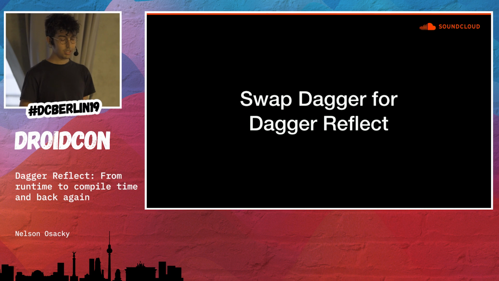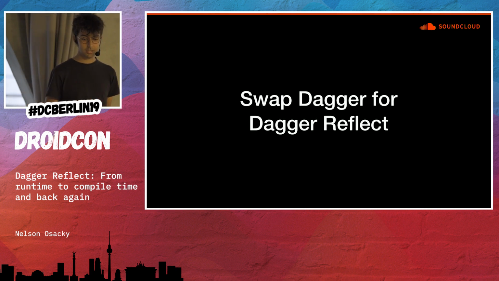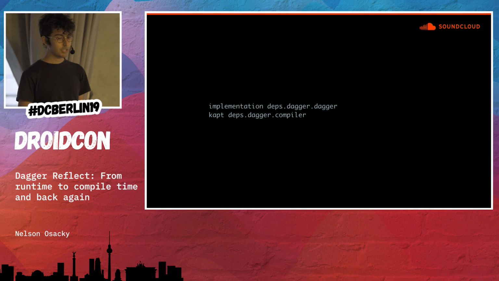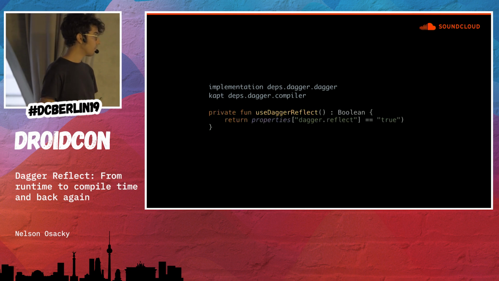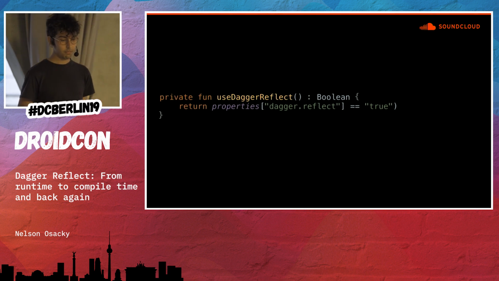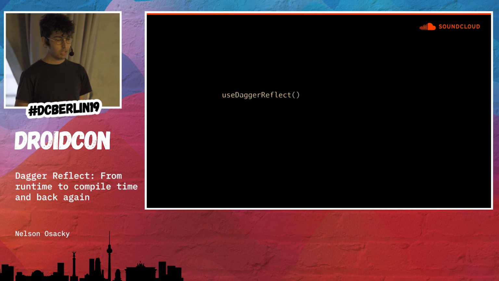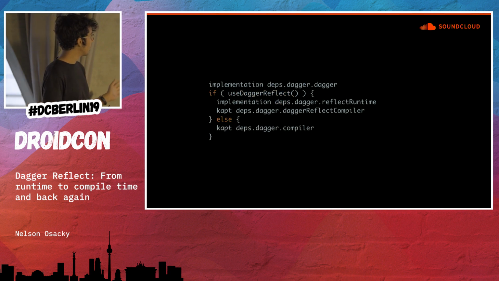And then the last part is swapping out Dagger for Dagger Reflect. So this is basically changing your dependencies in your project. So if, for example, you have a build.gradle file, it looks like this. You have Dagger and the Dagger annotation processor. You want to create some sort of flag or switch that'll switch between Dagger and Dagger Reflect, in this case a function. And then you'll stick that in your module.